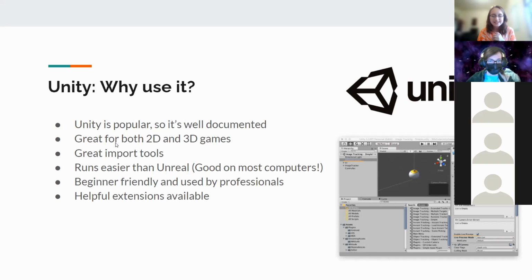It doesn't take much to run Unity. You can run it on most computers, whereas Eddie will probably explain in Unreal. I know it really heated up my laptop before. So Unity is a nice, calm game engine where you could still do a lot of stuff on it.